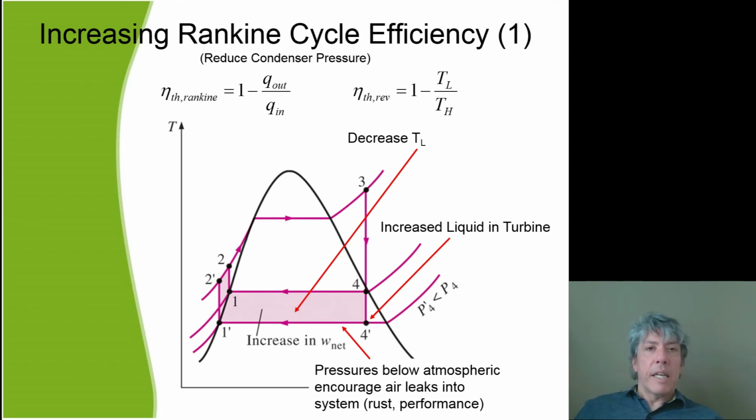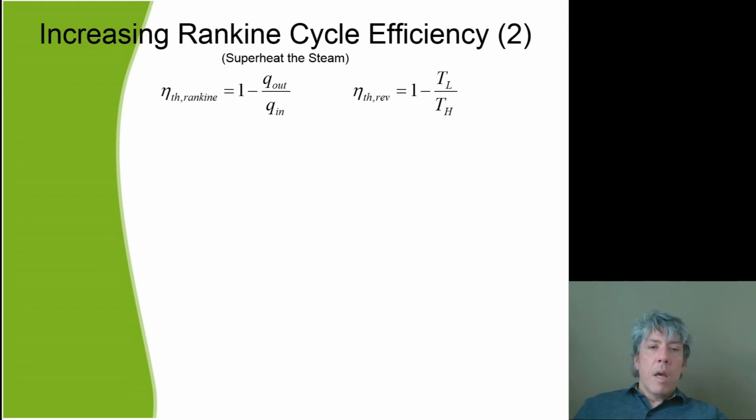We'd like to see the water leaking out so that we can detect it, correct the problem, and continue and not destroy our equipment. So pressures below atmospheric are simply not wise in most cases unless you have a really good way of making sure that there are no leaks of air into the system. So that's another thing that limits this approach of reducing condenser pressure in order to increase efficiency and decrease what's called the heat rate. What else could we do?